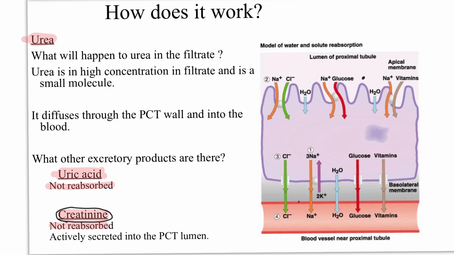We said they were reabsorbed by pinocytosis. That's an infolding of the cell membrane and then a drawing in into a vesicle. Then that vesicle would move through the cell, and it would be exocytosed into the tissue fluid, move through the pores in the capillary, and then be taken away. So small proteins are reabsorbed by pinocytosis.